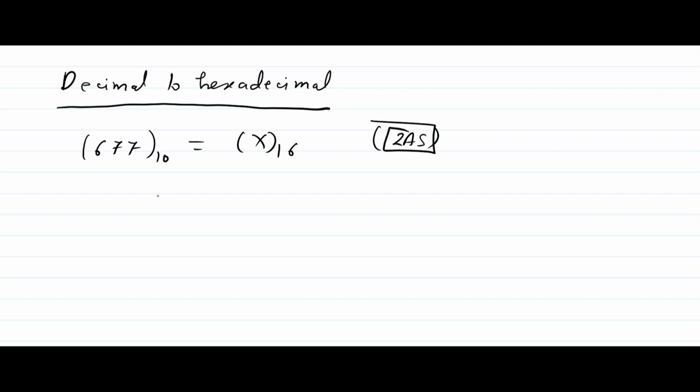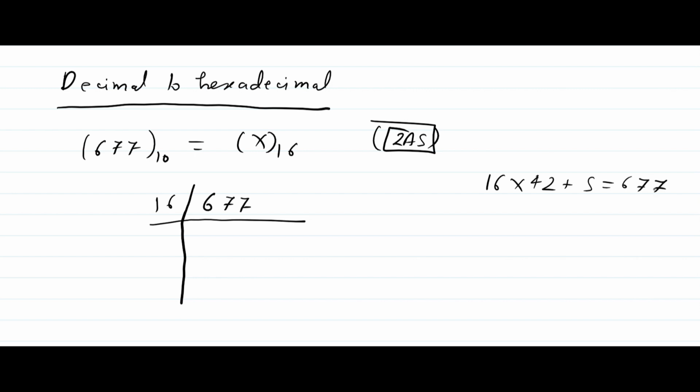What is the rule? The rule is to divide this number by the required base and store the remainder. So 677 divided by 16, because 16 is the required base. 677 divided by 16 is like this: 16 multiplied by 42 plus 5, which gives you 677.